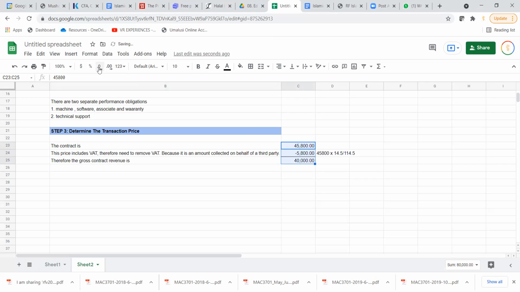Okay, but what do we know? What's important to take note of is that you must always take into account any discounts, you must take into account any variable consideration, and you must take into account any significant financing component. Okay, so we must always take into account any significant financing component.